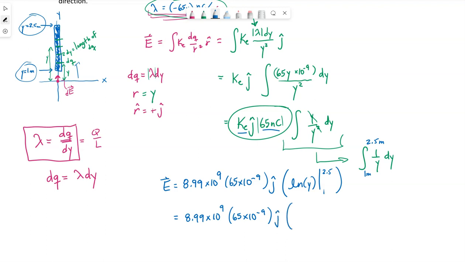So we'll have natural log of 2.5 minus natural log of 1. But I happen to remember that the natural log of one value minus the natural log of the other is the same thing as the natural log of the first one over the second one. So I'm just going to write it that way.